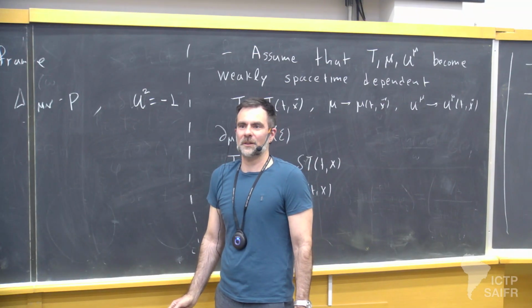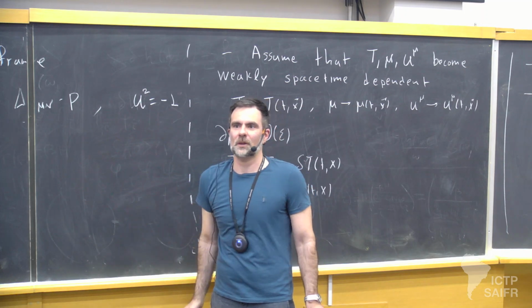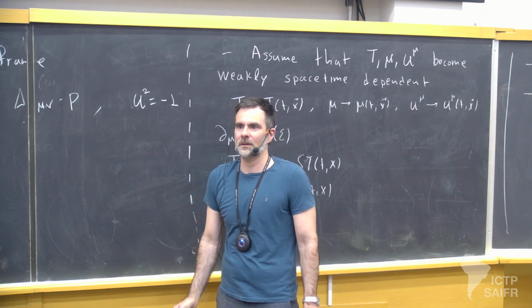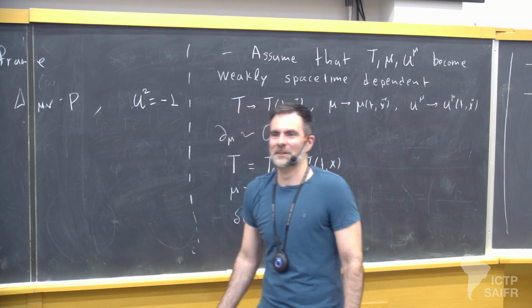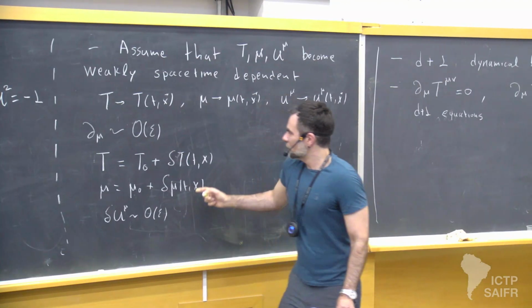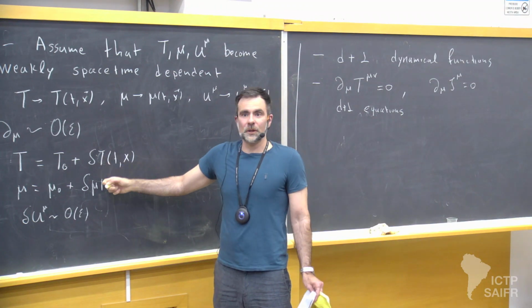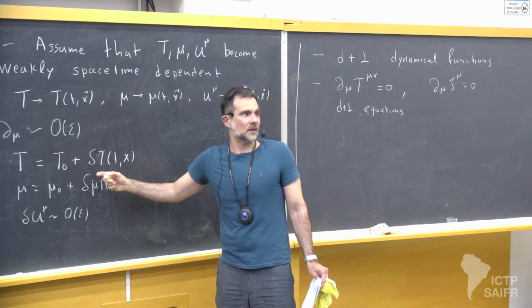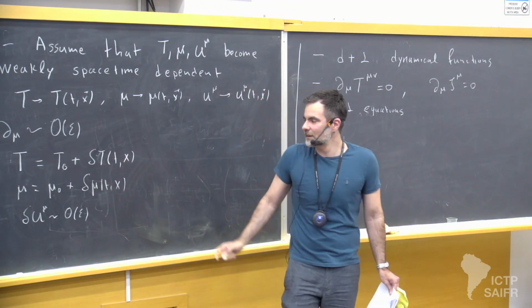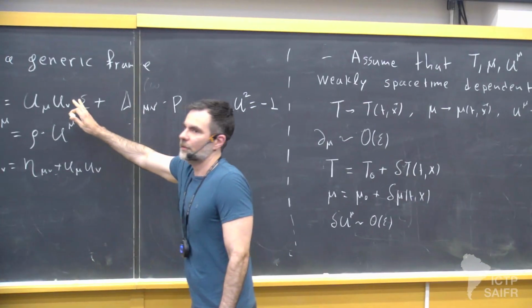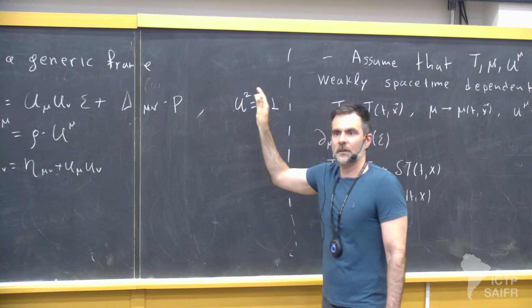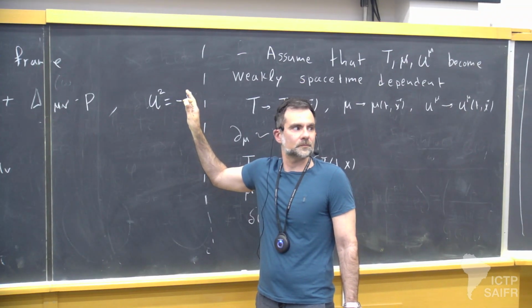Well, that will affect the corrections, which I will talk about later. So the question is, this is not unique. I can always change the definition of what I call T, mu, and V. But that will push things to higher order in this derivative expansion.